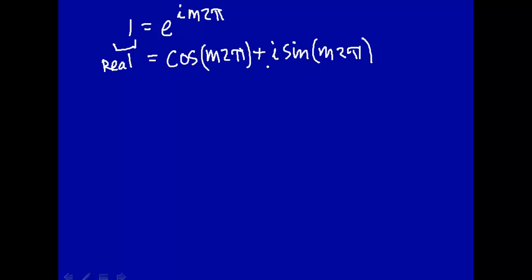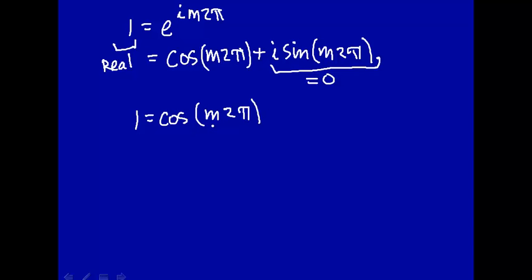Here's the real part, and here's the imaginary part. The right-hand side is a real number, so in order for this to equal a real number, the imaginary part has to be equal to 0. So this means that 1 is equal to cosine of m times 2 pi.